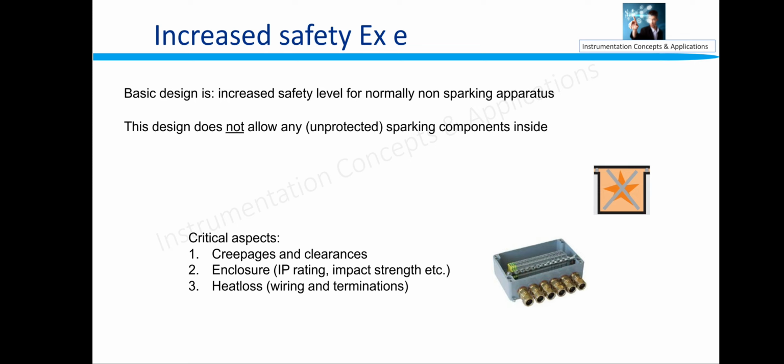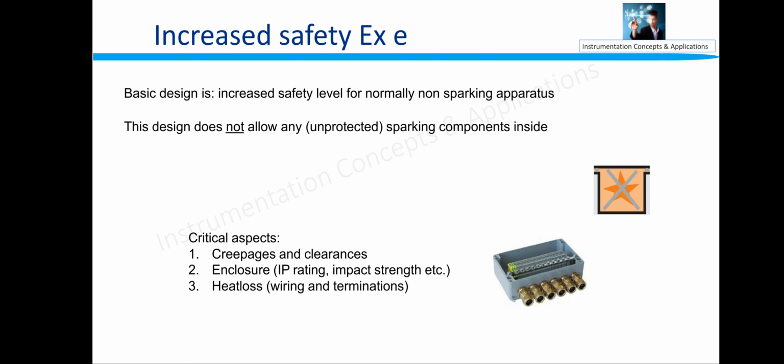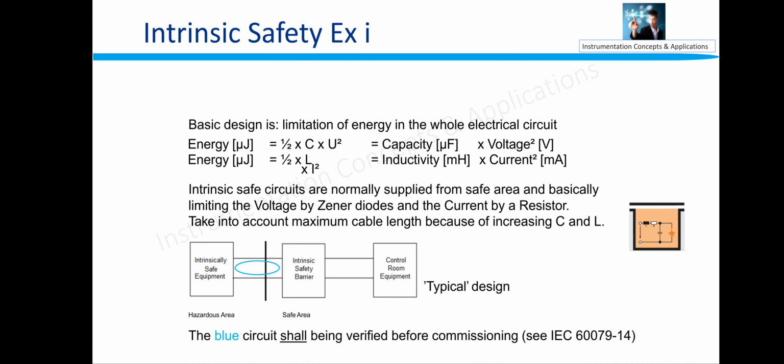In increased safety, there are no unprotected sparking components inside, while in flameproof, if any sparking components are there, the design does not allow the sparks or limited hot spots to come outside the enclosure. This is the main difference. Hope you have understood. The critical aspects in increased safety are creepage and clearances, enclosures, IP rating, heat loss, wiring and terminations.